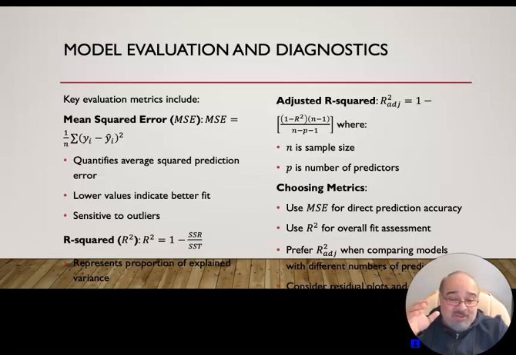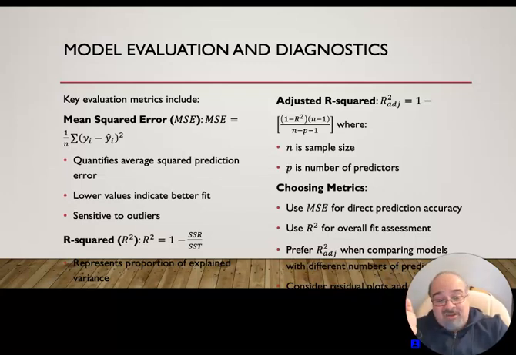That's why the adjusted R squared penalizes the addition of insignificant predictors, and so it provides a more accurate assessment of the model fit, especially when you compare models with different numbers of predictors. When choosing a metric, the MSE is useful for direct comparison of prediction accuracy, but R squared or adjusted R squared are good measures of overall model fit.